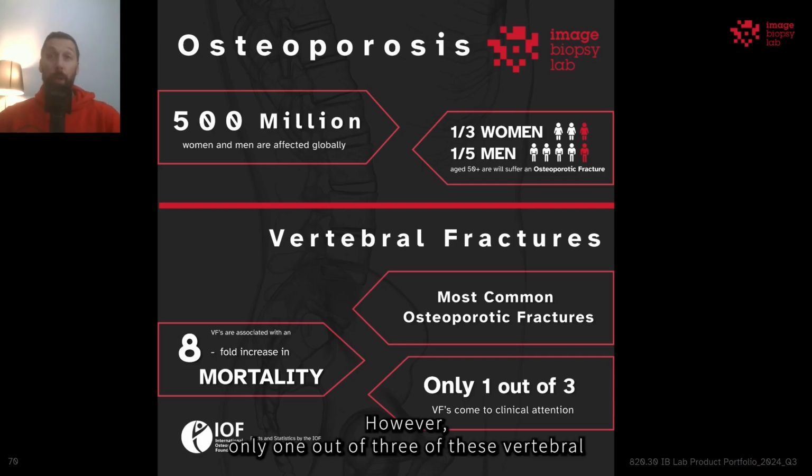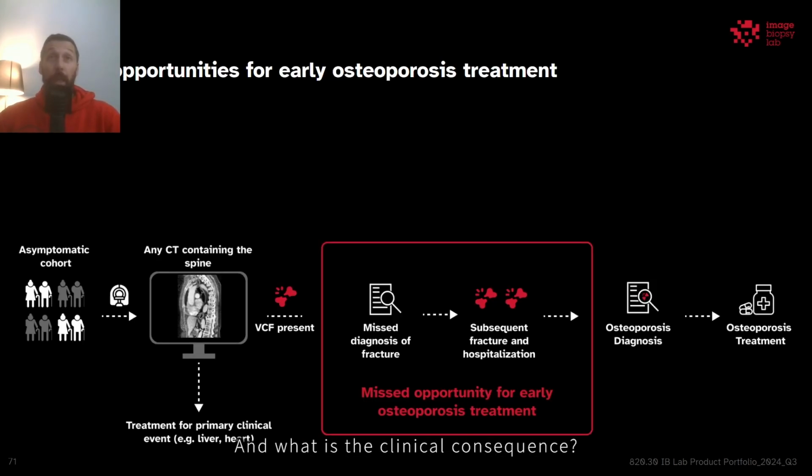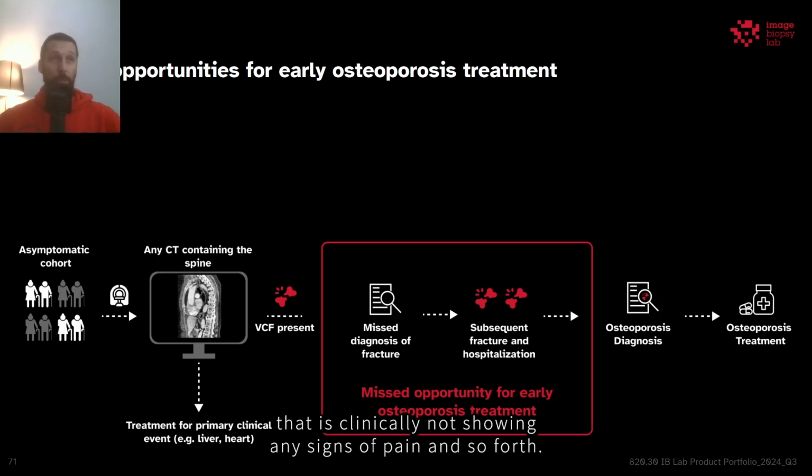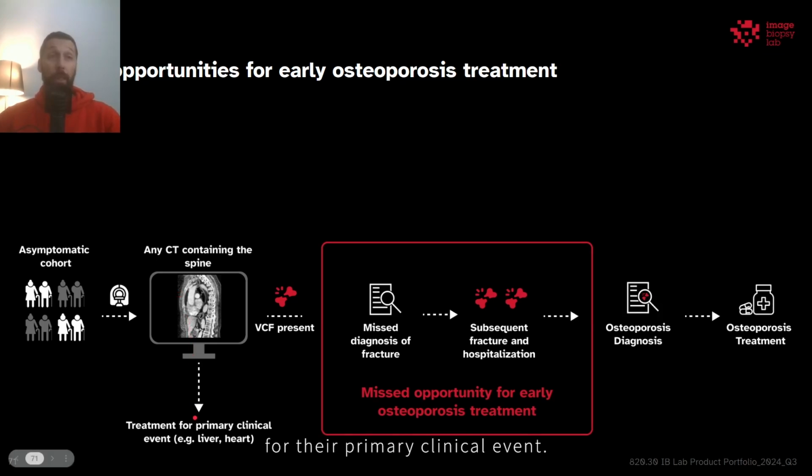However, only 1 out of 3 of these vertebral fractures actually come to clinical attention. So how can that be? And what is the clinical consequence? So what happens is that an asymptomatic cohort, so elderly people with a vertebral compression fracture that is clinically not showing any signs of pain and so forth, they get into a CT scan for liver, lung, heart, so some kind of other referral, and they get their treatment for their primary clinical event.